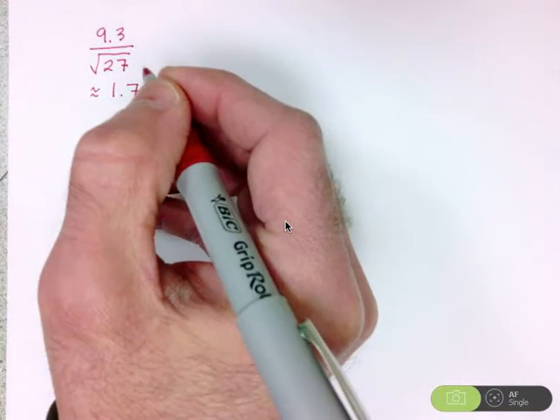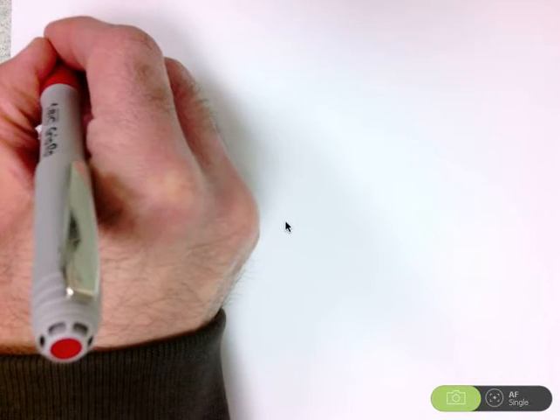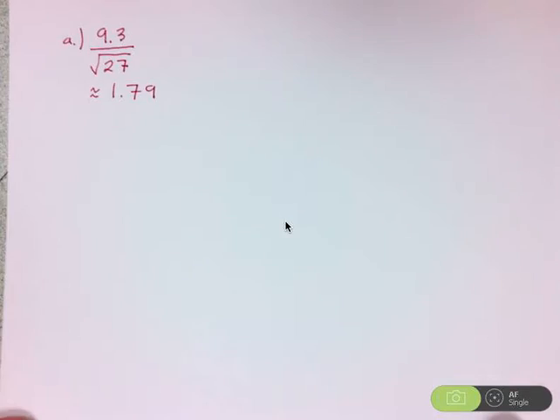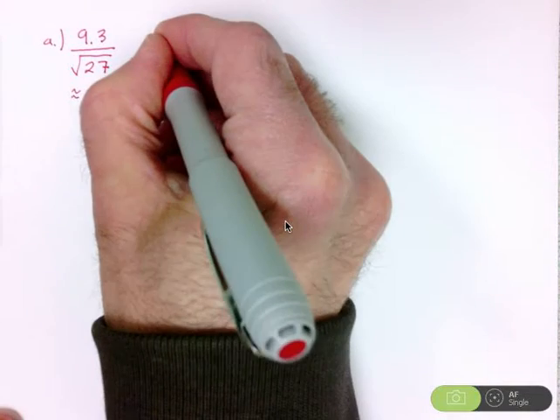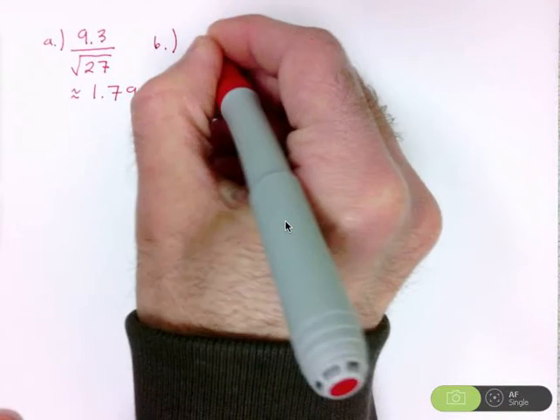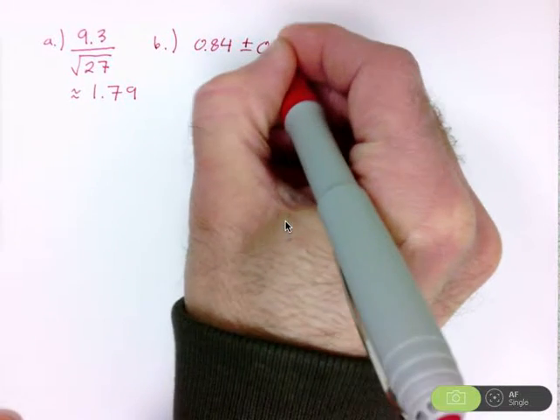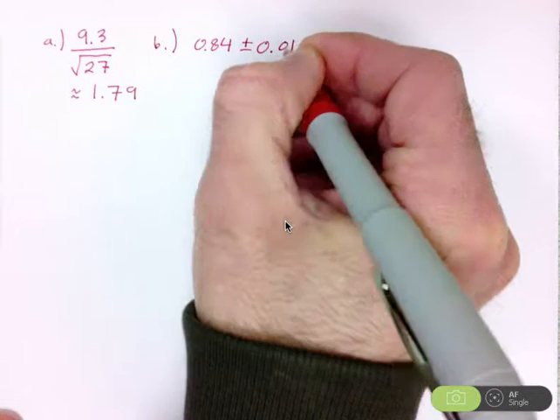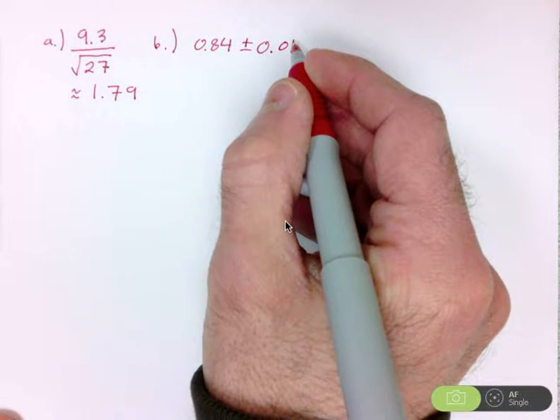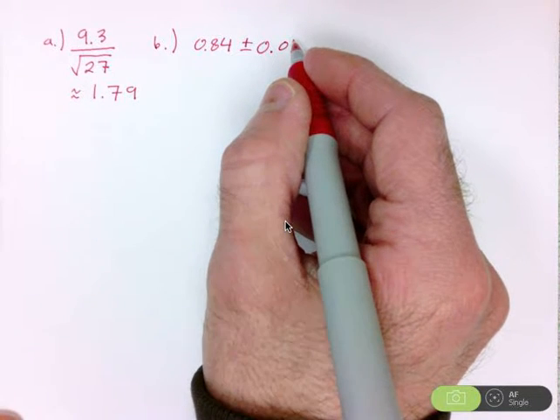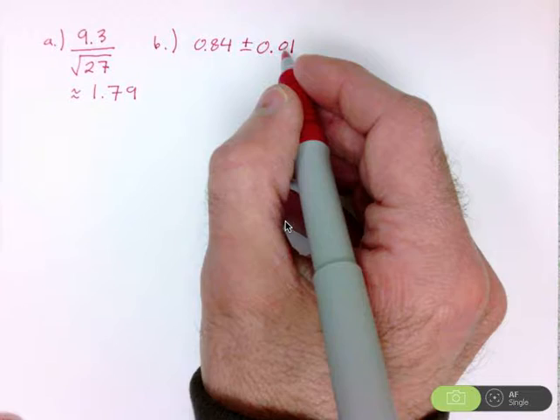And then part B of the question is just asking you to work backwards. So in part B, you're given this expression. You're told that this represents the mean plus or minus the SEM, the standard error of the mean. So you're trying to work backwards to find the sample standard deviation for these three independent random samples, these three independent measurements.